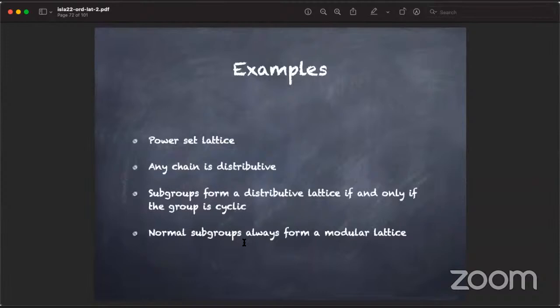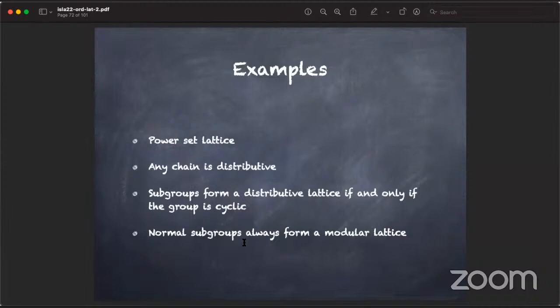And what about normal subgroups? What can we say about normal subgroups? Normal subgroups will always form a modular lattice. What is my join and what is my meet here? In case of normal subgroups, meet is of course the intersection.